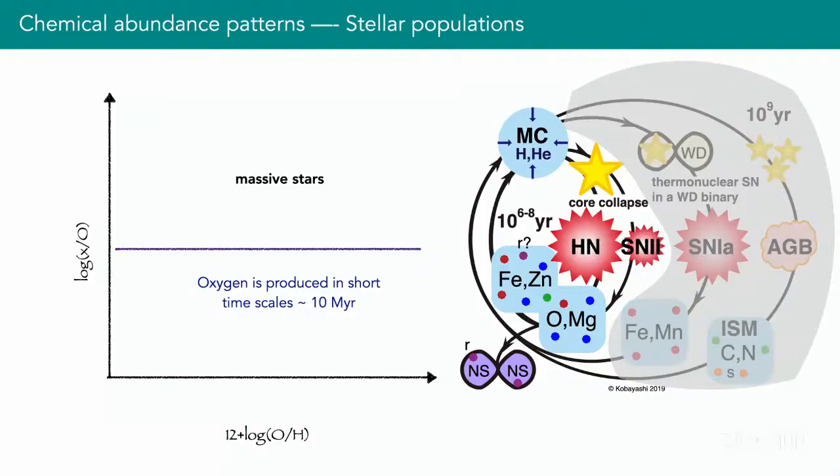You see this explosion of core-collapse supernovae enriches the interstellar medium with these elements. So when we compare these elements with oxygen, as oxygen is also produced by massive stars, we can have this kind of constant line. It means that they had a similar or the same nucleosynthesis, basically.